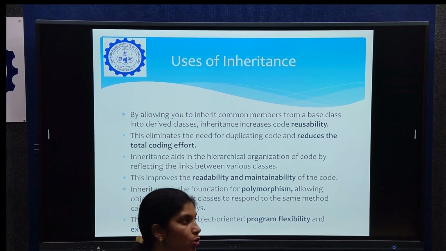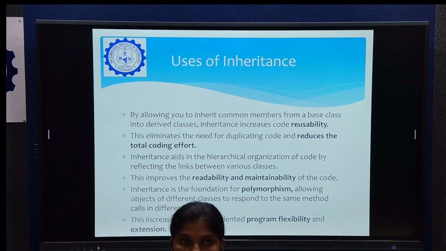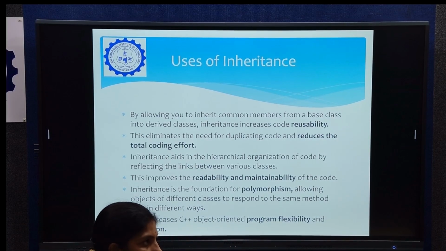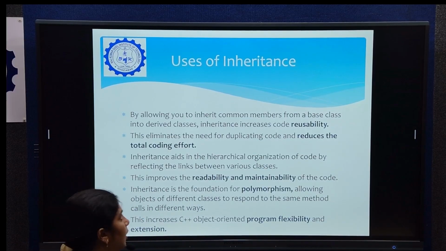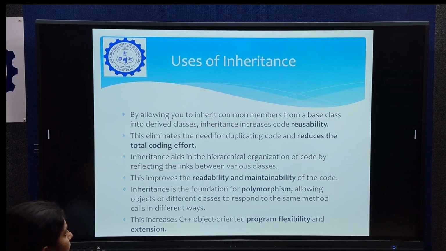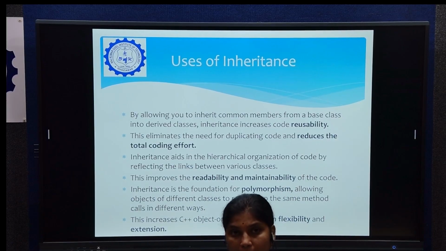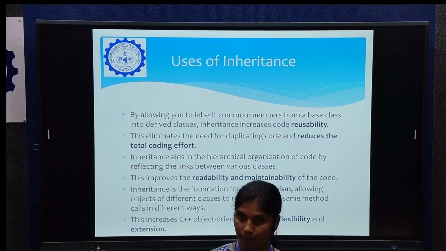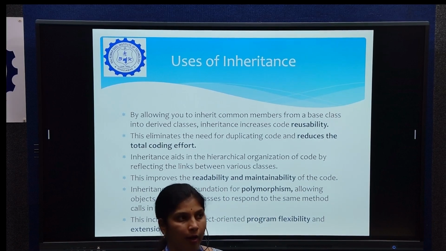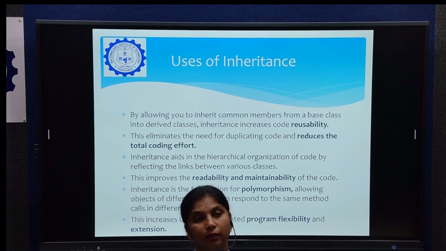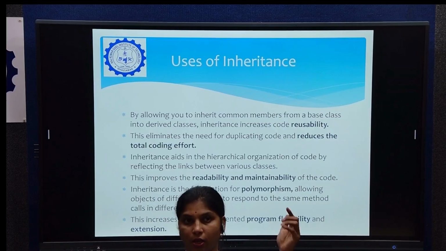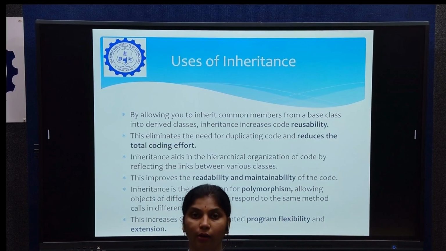So what are the uses of inheritance? As we are discussing inheritance, we have seen so much about it. So what is the use of inheritance? As we have discussed in earlier slides, it allows reusability of the code. Because a code written in the parent class or base class is used in the derived class.